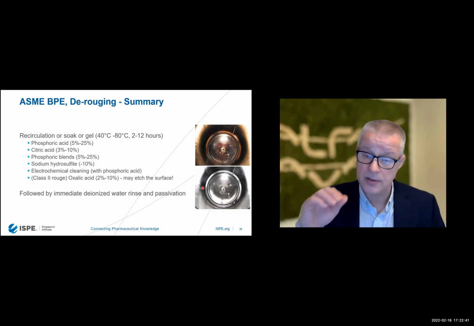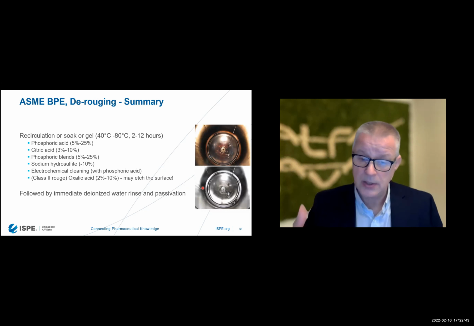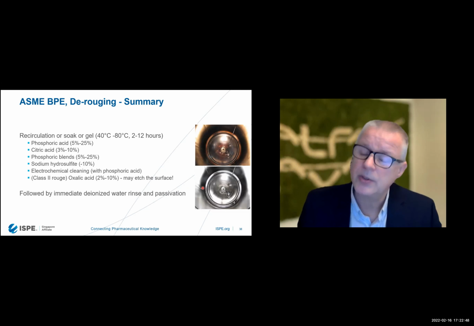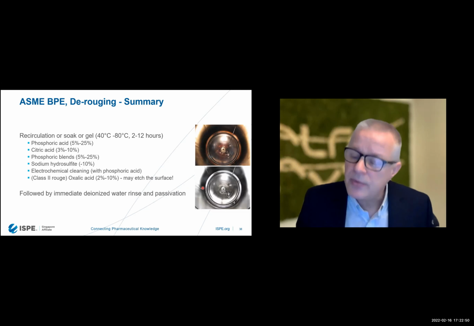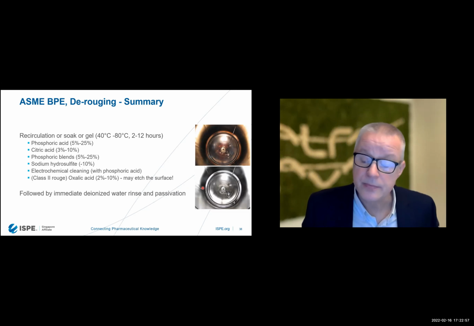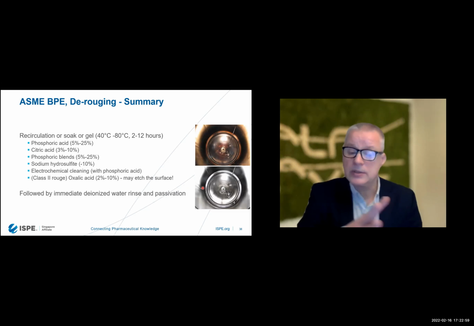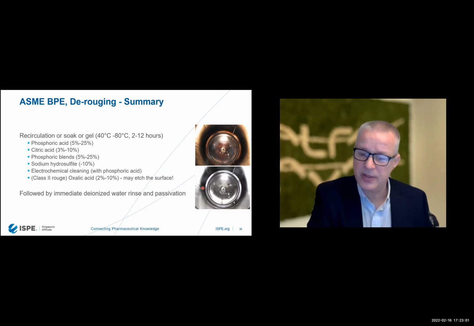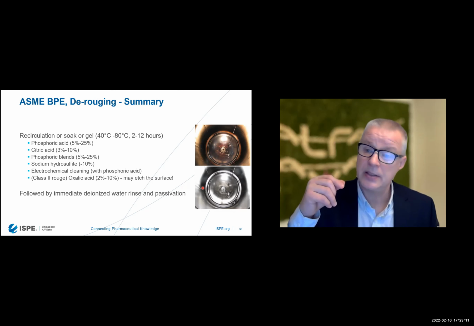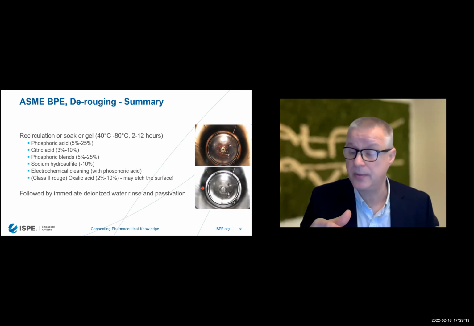The other thing we need to think about is what the GMP says about equipment: you can have a surface that is more difficult to clean if you have a lot of rouging, and that could increase the bacterial contamination in the system. So, apart from having a filter securing that you don't have any particles in your medicine, the other thing is to secure that you don't have any problem with the bacteria.